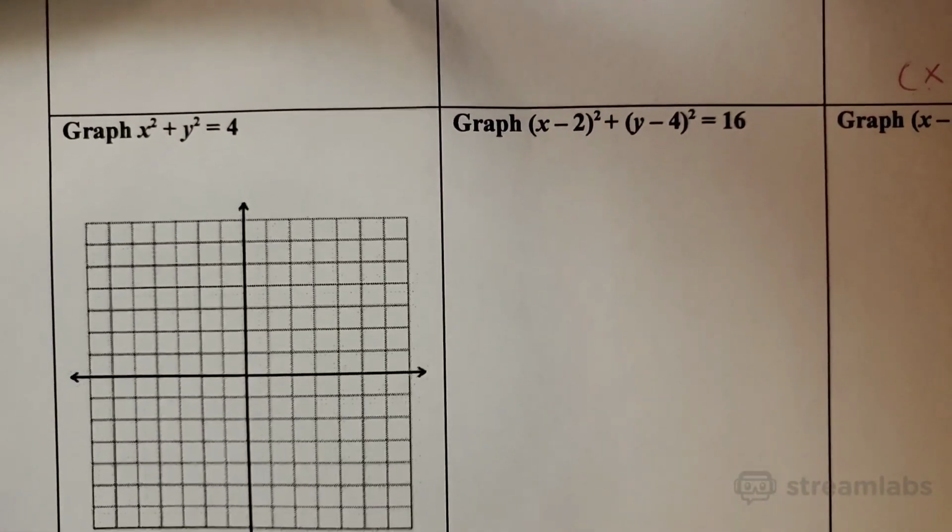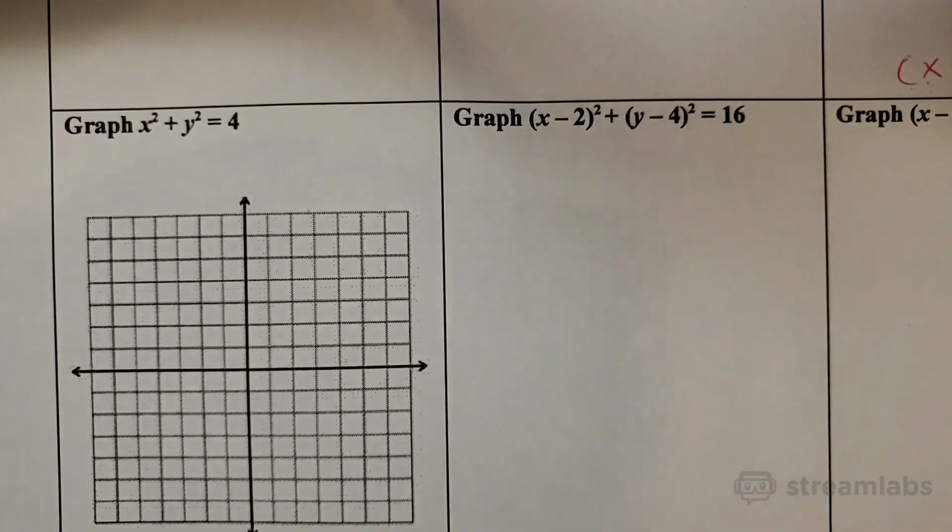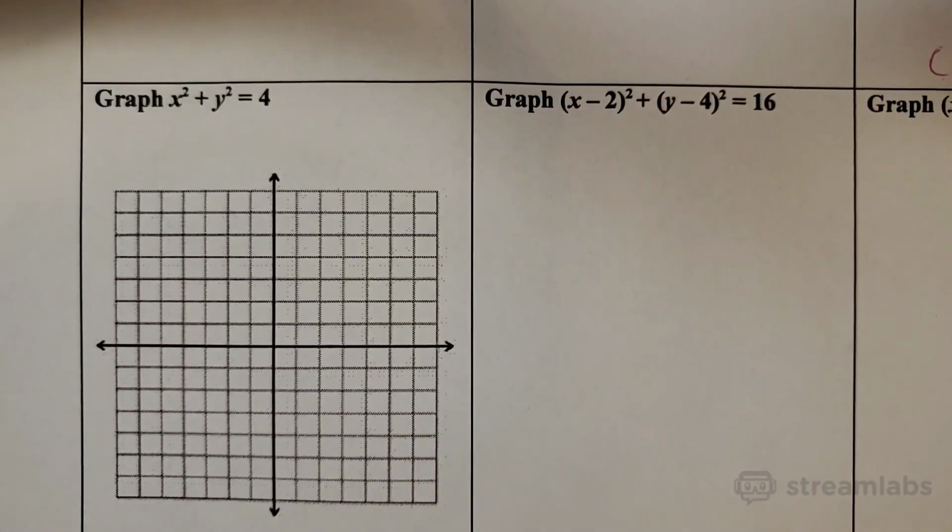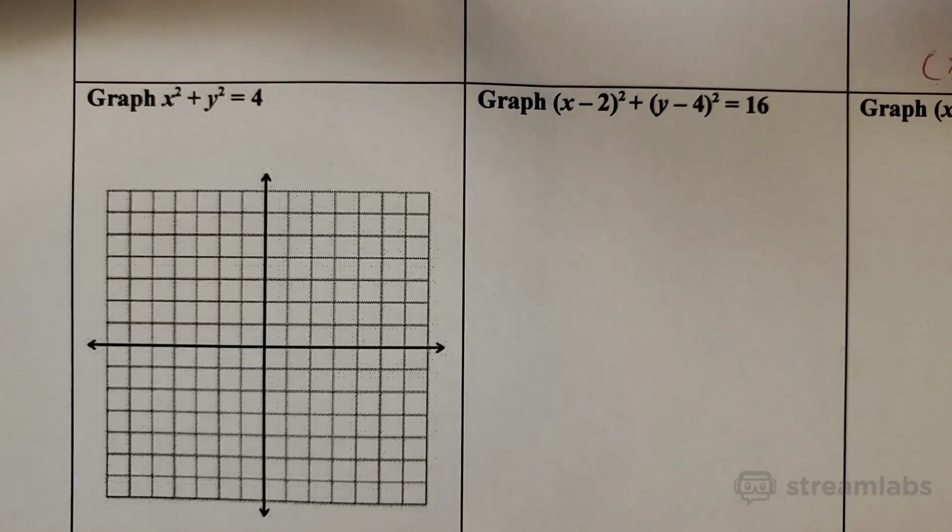All right, so let's look at how to graph circles based on the equation. We are looking at an equation, x squared plus y squared equals 4. If it's just x squared plus y squared, what would be the center if there's no minus or plus? Zero, 0.